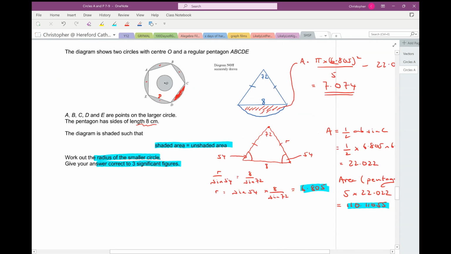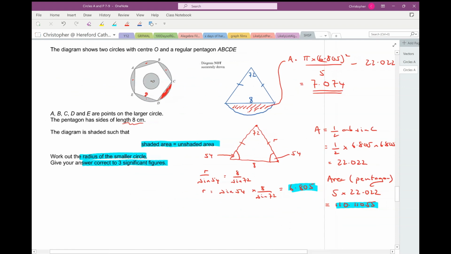Right, so I've worked out quite a lot already. I've worked out the radius. I've worked out the size of one of those little red slices. And I have worked out the area of the pentagon. So now I'm ready to go back to this information I was given in the question. The shaded area equals the unshaded area.